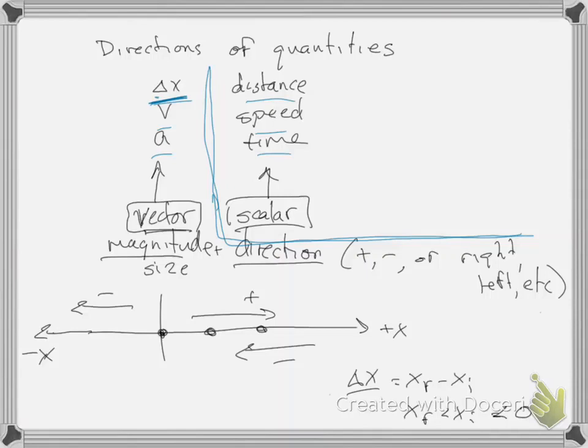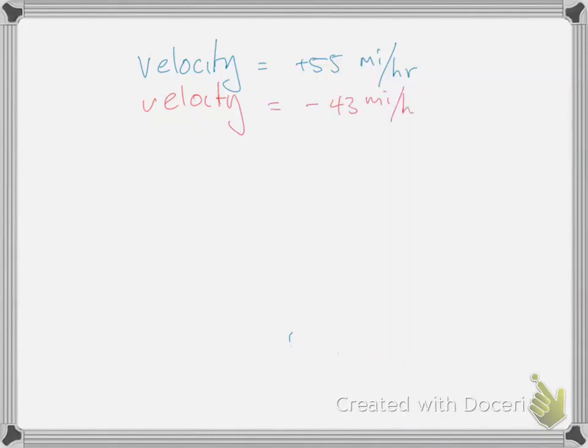For example, what I mean by that is, let's say I've got a velocity of plus 55 miles an hour.